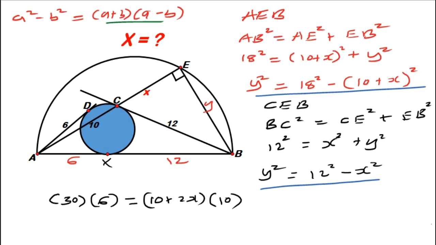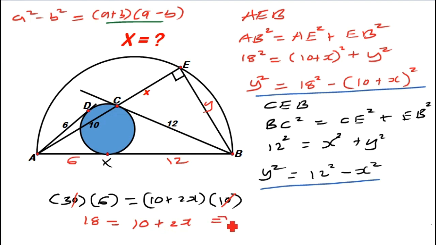So having done that, we can now simplify. This 10 goes with 10. You remain with 3 times 6, which is 18, equals 10 plus 2x.